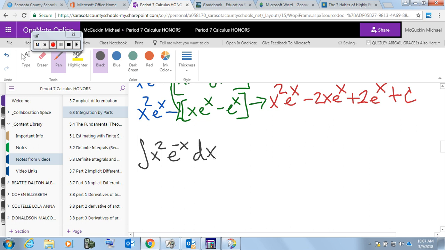And then your answer should end up being negative x squared times e to the negative x minus 2x e to the negative x minus 2 times e to the negative x plus c.